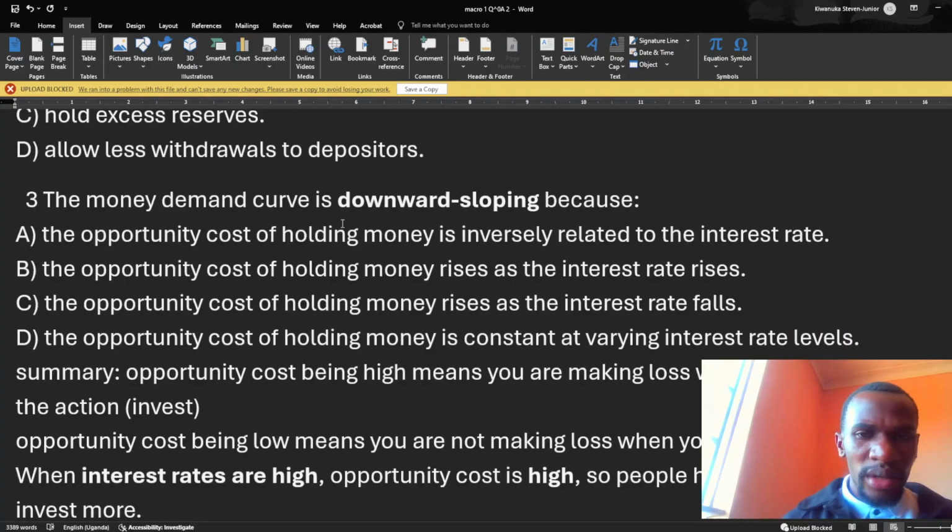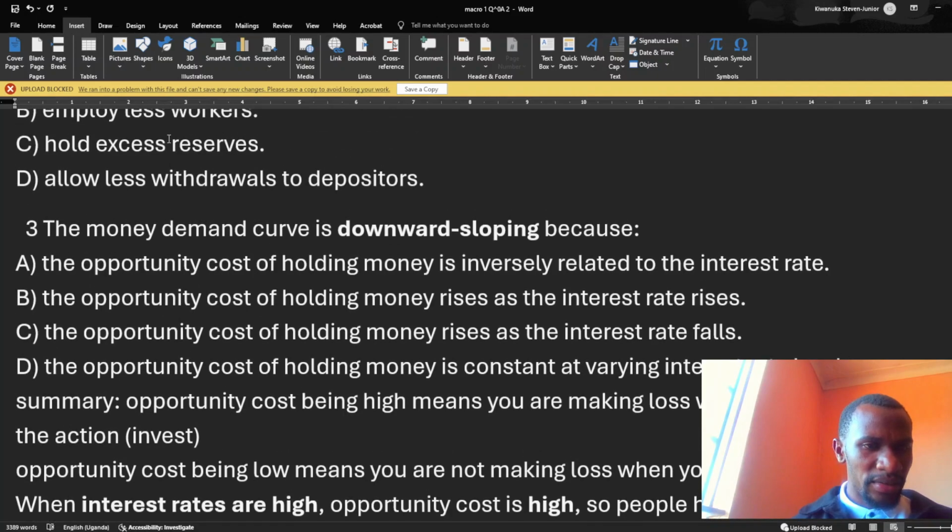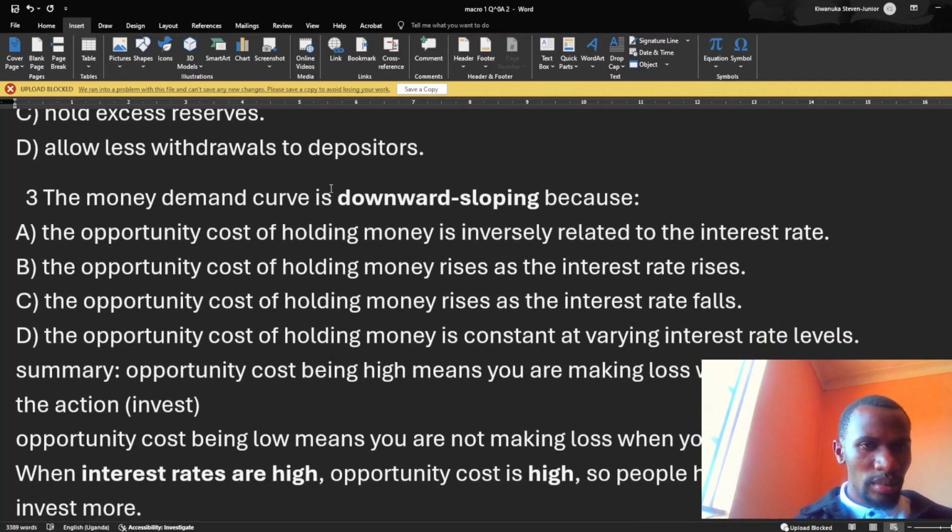The money demand curve is downward sloping because: the opportunity cost of holding money is inversely related to the interest rate; B, the opportunity cost of holding money rises as the interest rate rises; C, the opportunity cost of holding money rises as the interest rate falls; D, the opportunity cost of holding money is constant at varying interest rate levels.